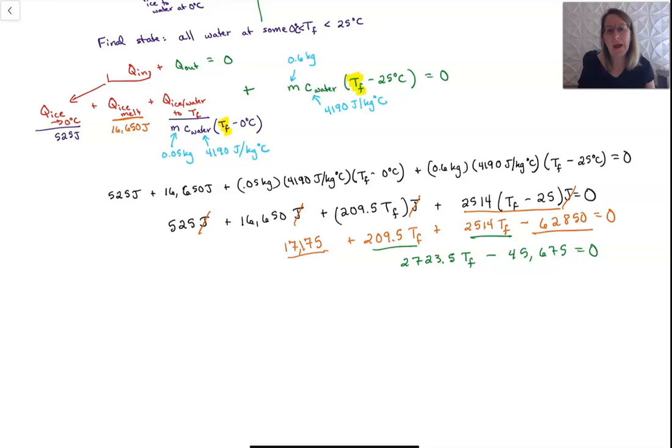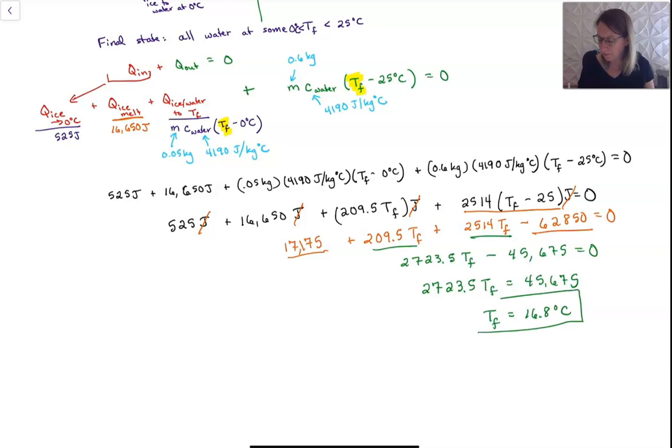So I'm going to add this 45,675 to both sides, and finishing up this algebra, if I divide both sides now by the 2,723.5, that gives me a final temperature of 16.8 degrees C or 17 degrees C.